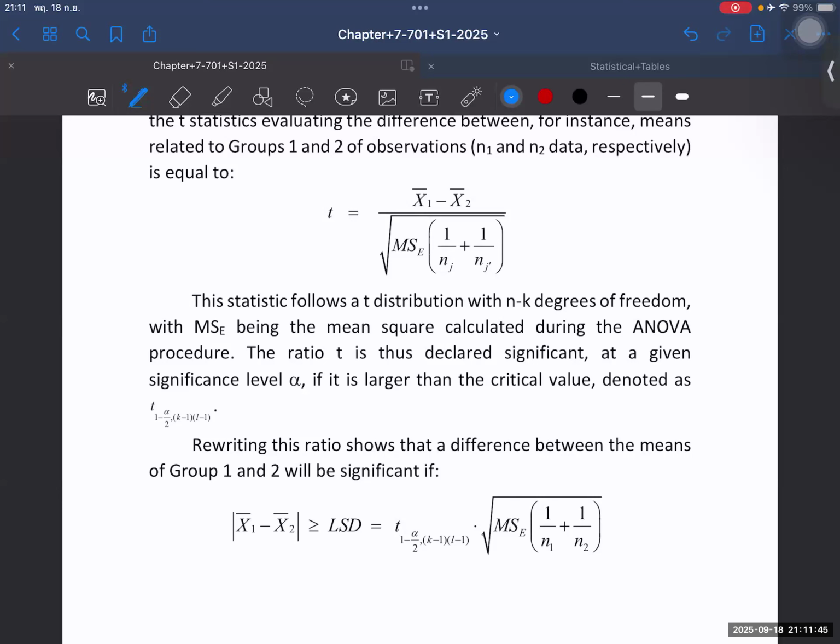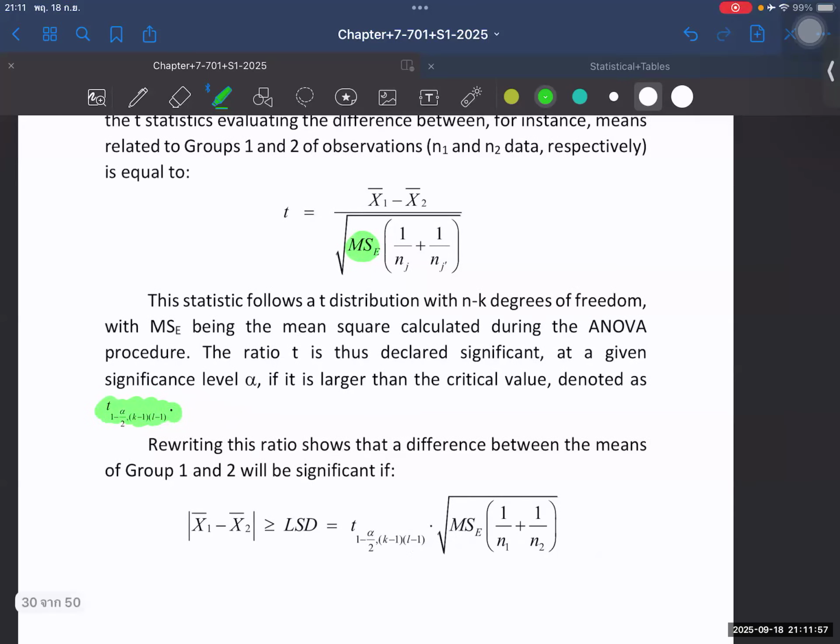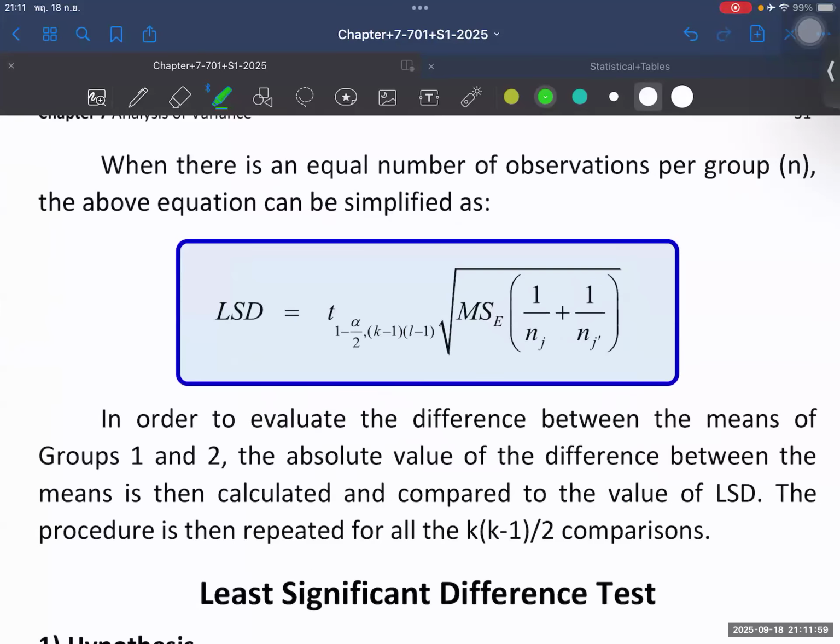So we change the t statistic depending on the degree of freedom of the mean square error, and we can use the same mean square error again. That's why we get the LSD formula like this for the case of the two-way ANOVA, okay?